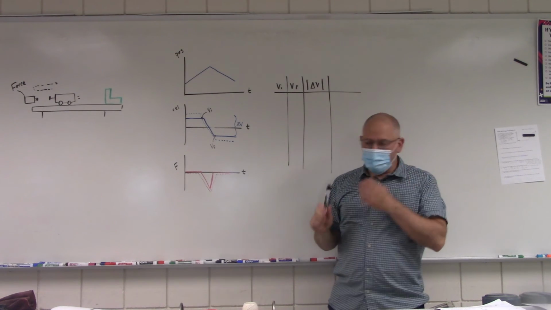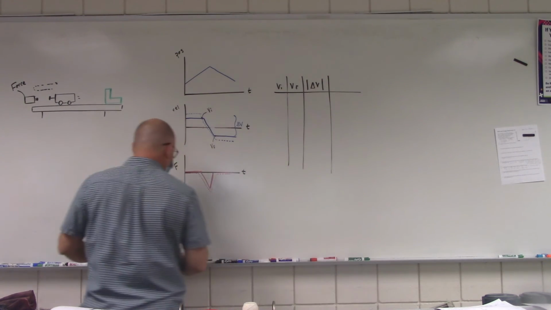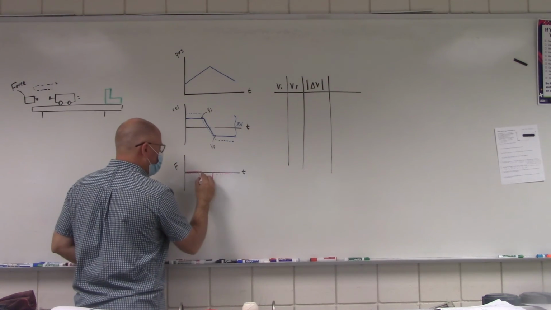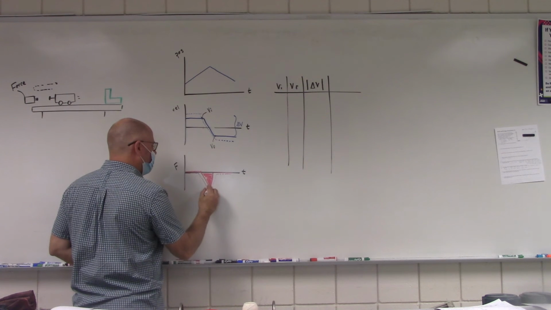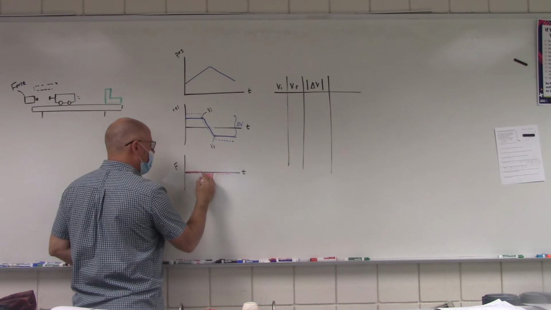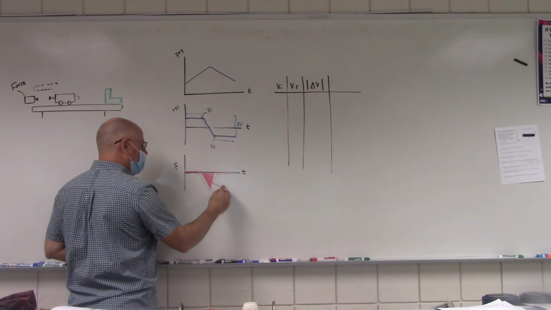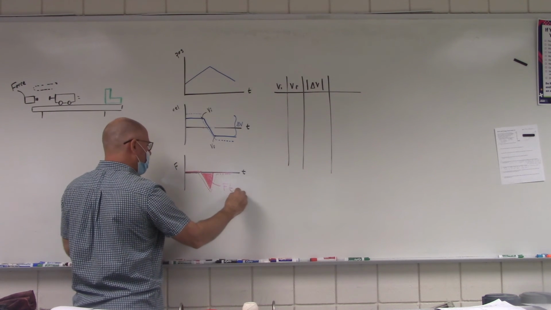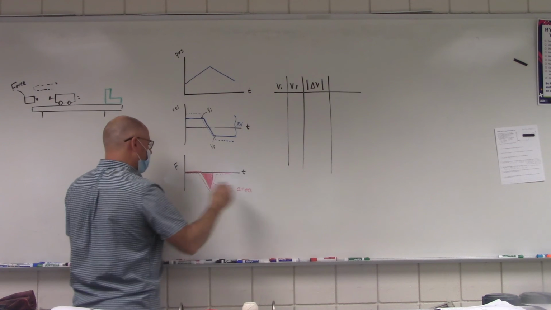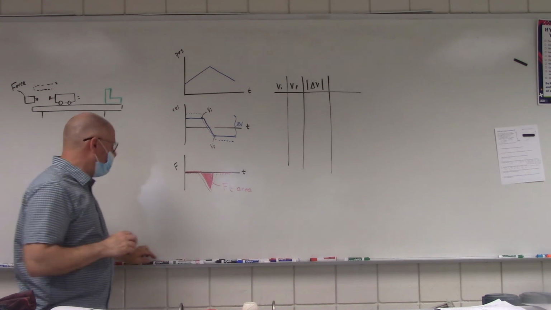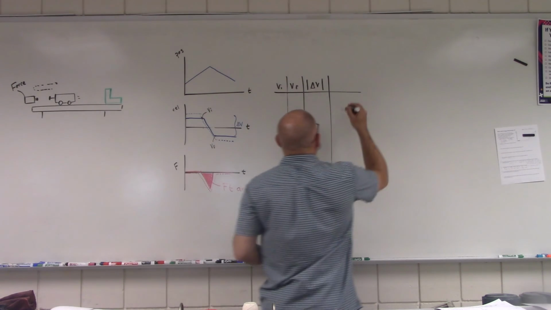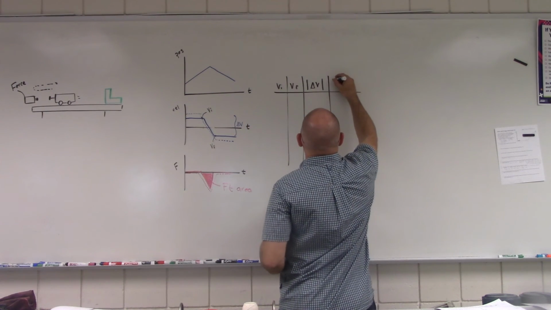So to take both things into consideration, we're going to ask the computer to shade it in for us and give us the value. The computer's going to do it automatically. We're going to call this the FT area. I will show you how to do it, but that's the thing that we're going to plot over here. And it's going to be negative, so it's going to be an absolute value too.